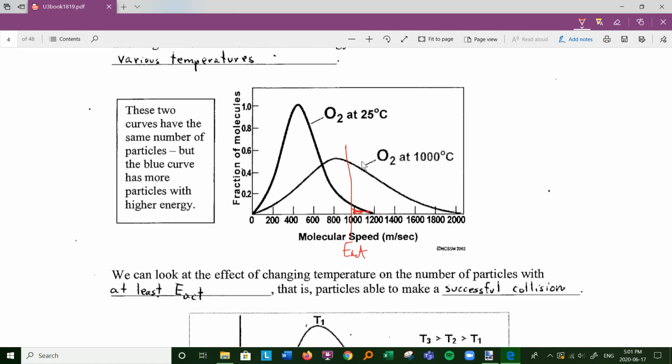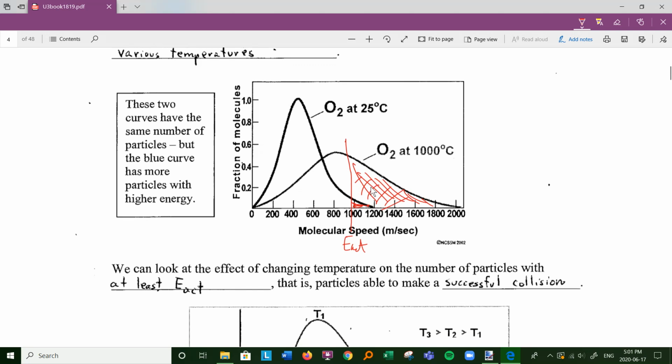But if you go to a higher temperature, yes, you're going to have more collisions, but more importantly, you're going to have more effective collisions because you're going to have more particles which have at least the activation energy. All of these have the possibility of forming effective collisions if they have the right orientation.